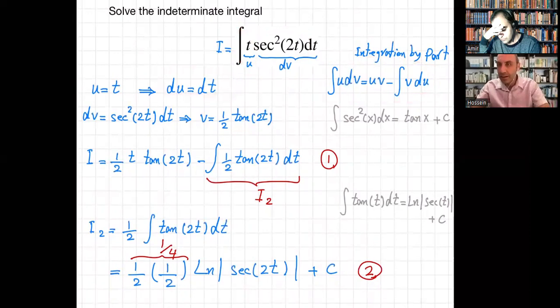This way, you reduce the degree of the polynomial and make it easier to solve, because on the third line, I2 is just a trigonometric function. Basically, you got rid of the polynomial function.